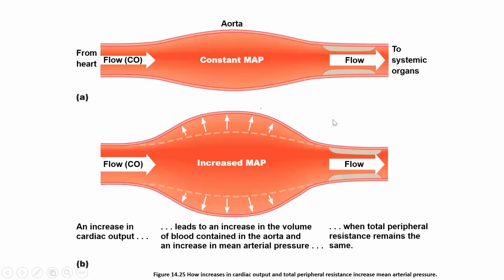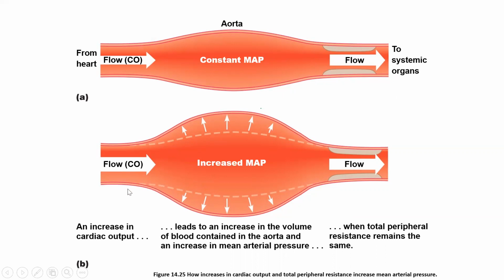So let's look at this schematic here that kind of shows that relationship of those variables, so cardiac output and total peripheral resistance. And so if you look at this first part of the scenario here, this first schematic, we see that if we have a steady cardiac output, we maintain a constant mean arterial pressure, and this gives us a steady flow to our systemic organs, okay?